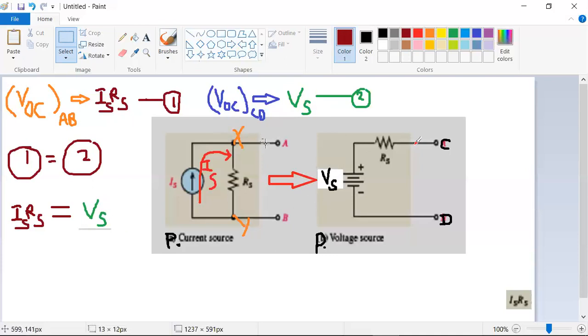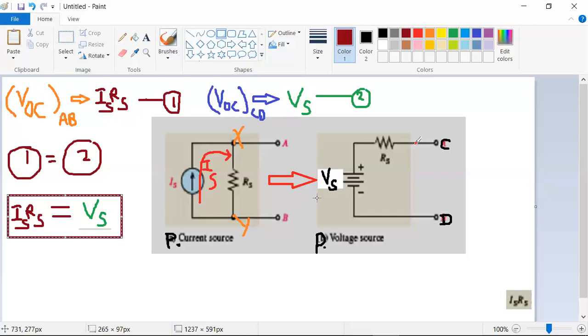So the voltage across this element should not be changed. What is my intention? The voltage across this A and B should not change, and the same voltage will appear across C and D. Hence this is the formula we got.